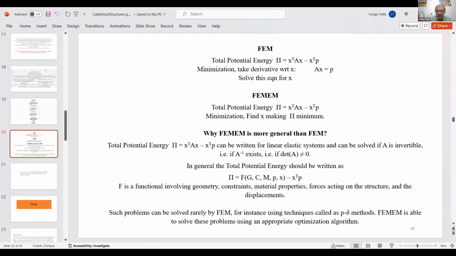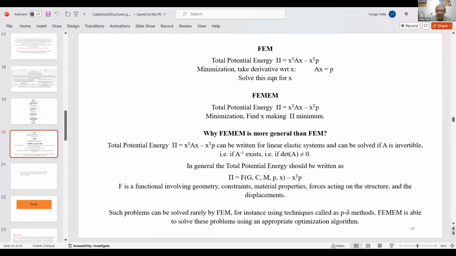Now, if we go back to the original equation, we can write the first equation if everything is linear. If anything is not linear, then we cannot write this equation.